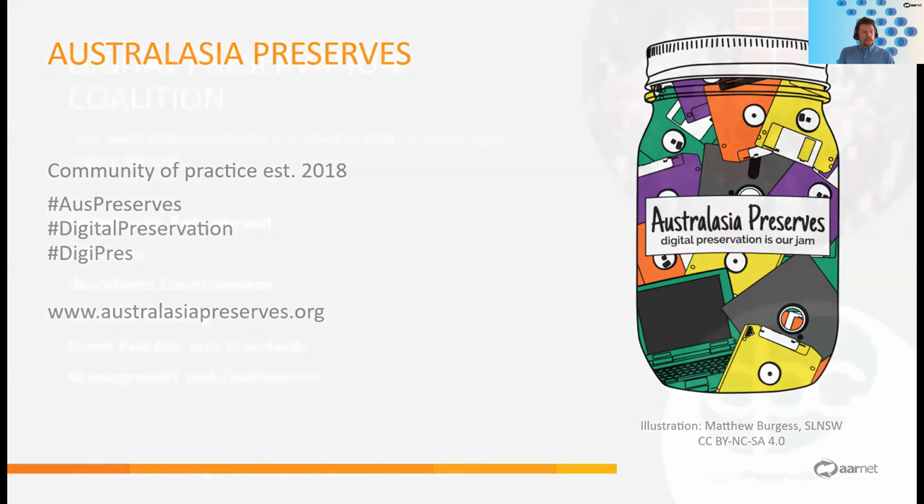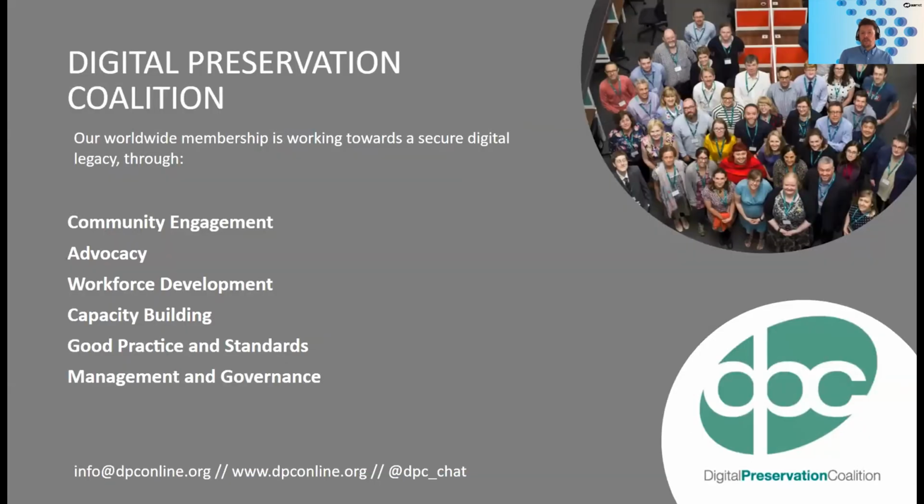And as of last year, we joined the Digital Preservation Coalition, which now has an office in Australia based at the Melbourne University. So we see this as being a very positive step within our locality to support the long-term preservation needs and responsibilities of the organisations that are connected to AARNet.